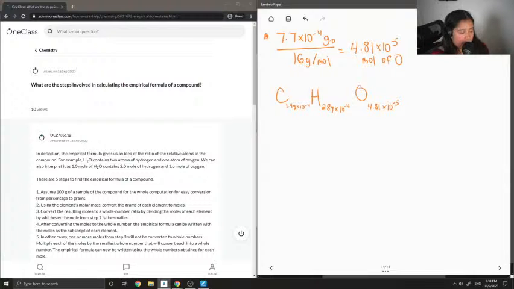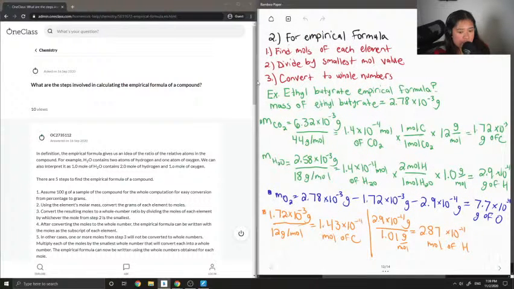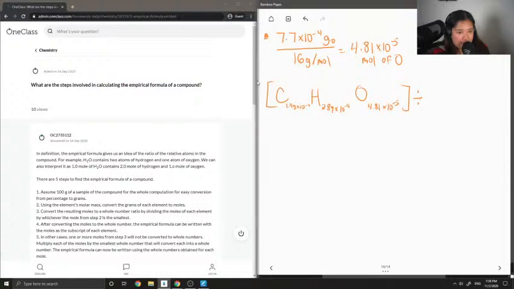Since the smallest value here is the oxygen, we are going to divide all these values by the smallest mole value. That was step 2 in the steps. This gives us C3H6O. Since everything is already in whole values, this would be your empirical formula.